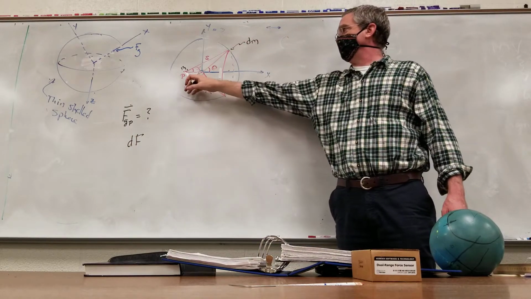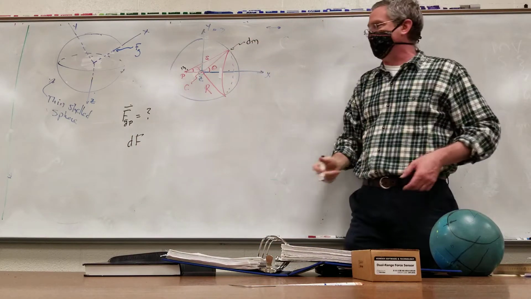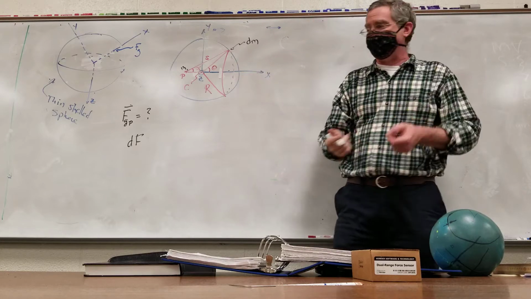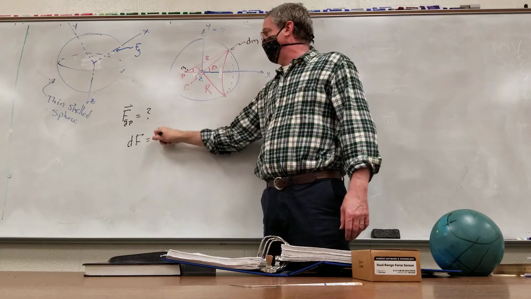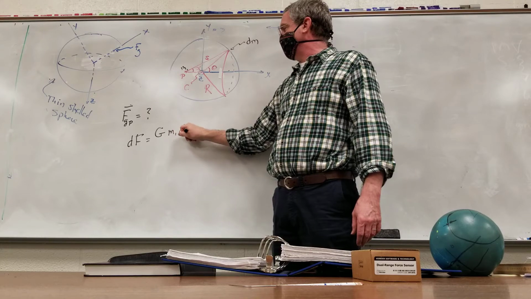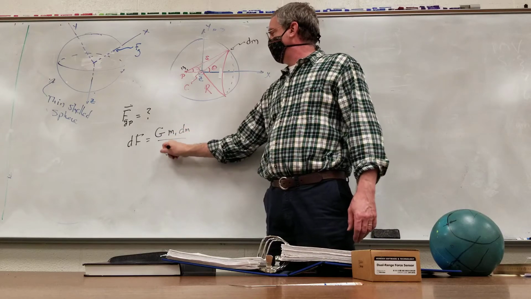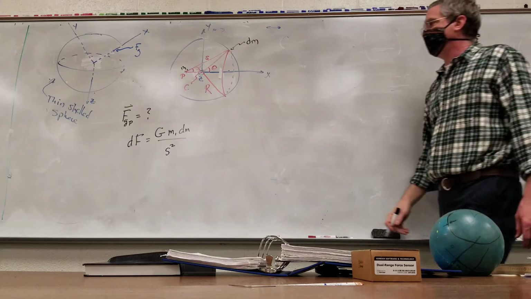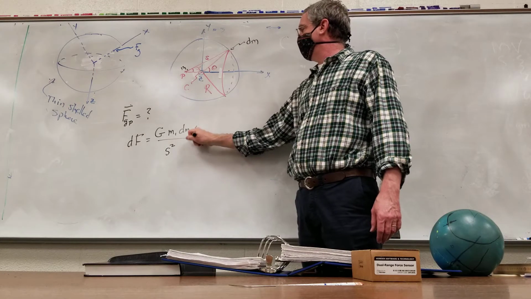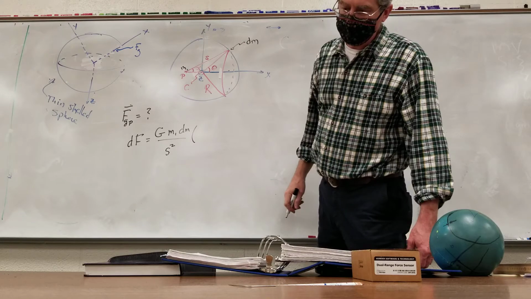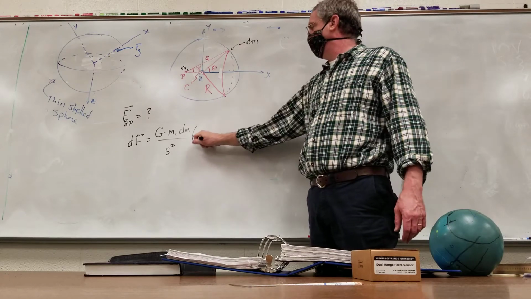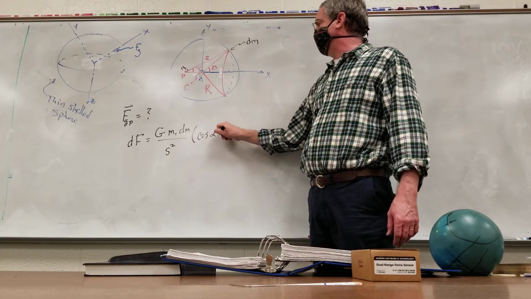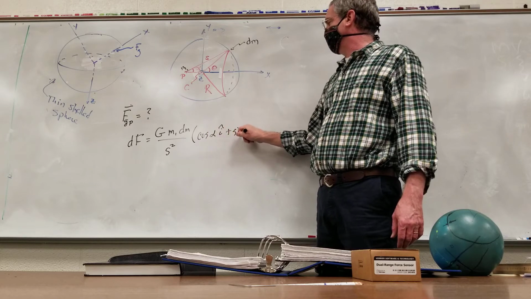Since it's a gravitational pull between a mass and an infinitesimally thin ring, in other words, an infinitesimally small mass, this would just be big G times mass 1 dm over s squared times cosine alpha i hat plus sine alpha j hat.